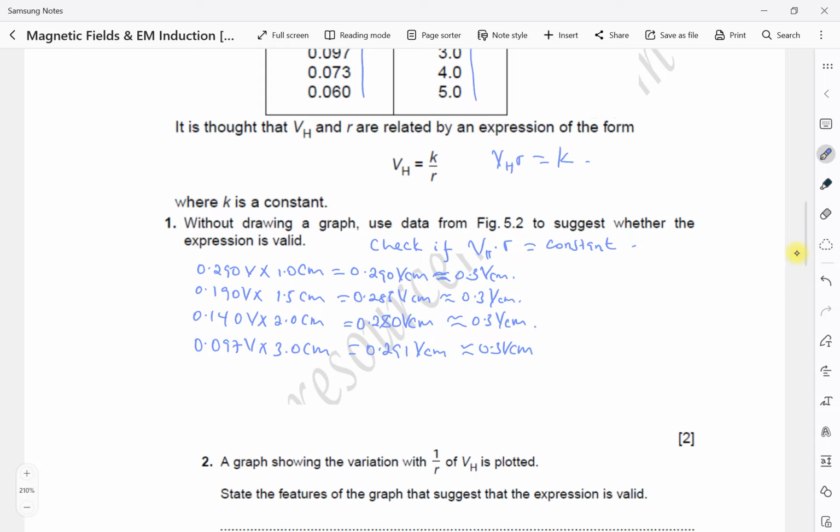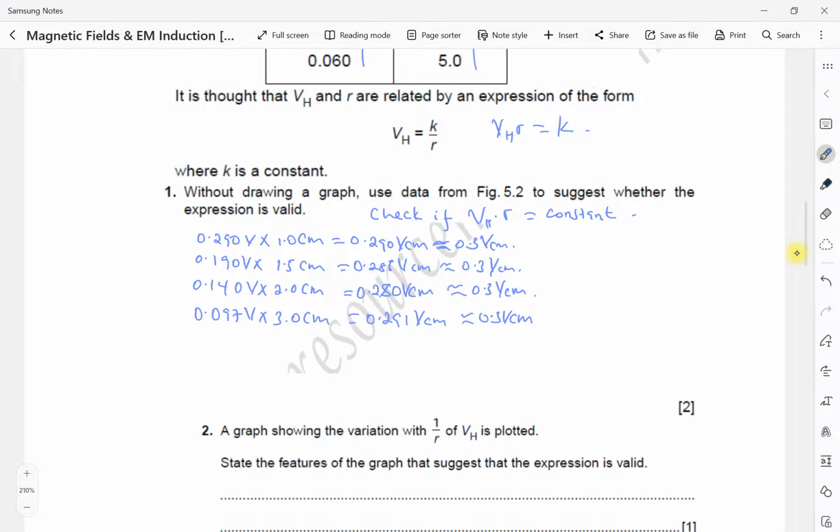So you have two ways of thinking about this. You could say that to two or three significant figures, VH times R is not constant, so the suggestion is not valid. Let me just set it to two significant figures.